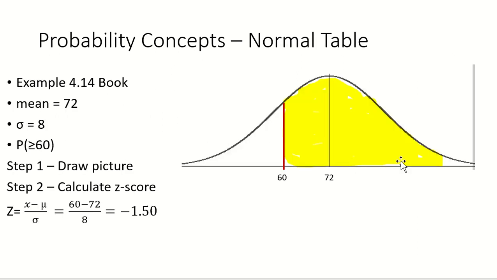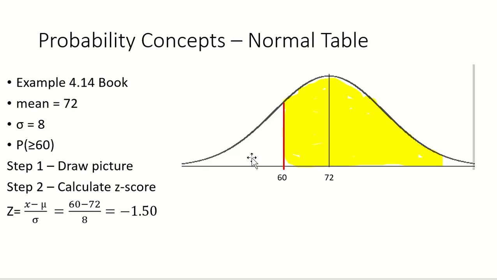Here's an example. Out of your book, 4.14, it says that the mean is 72, standard deviation is 8. It asks what's the probability that the next occurrence that you will see is greater than 60.